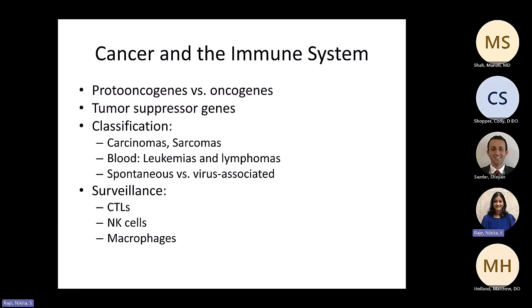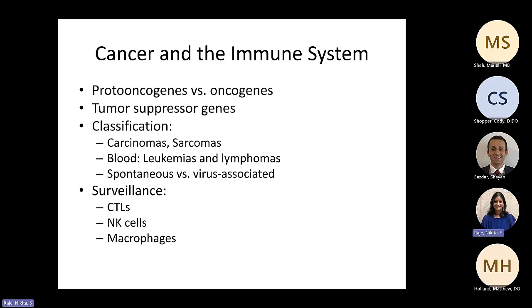All right, so why is our immune system not able to protect against cancer in some cases? The reason is there is a balance between these genes called proto-oncogenes and tumor suppressor genes.